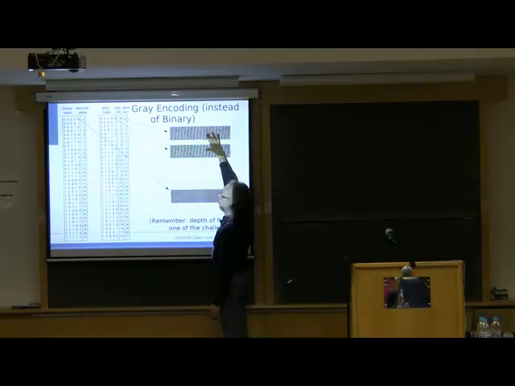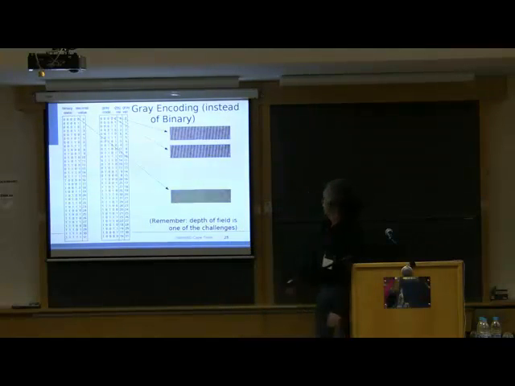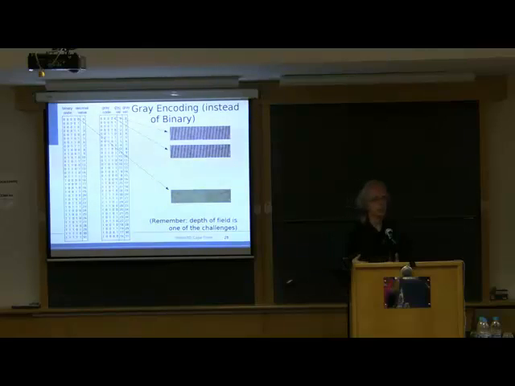These are the two highest frequency patterns in the gray encoding, and this is the highest frequency pattern in the binary encoding. So that's an advantage of gray encoding. You don't have this very high frequency pattern. There are other advantages as well, but I will not go into them now. So that's why we use gray encoding in the first place.